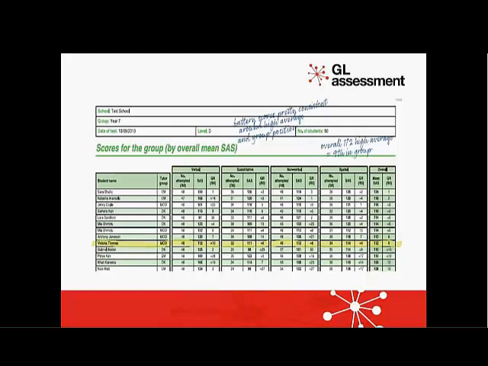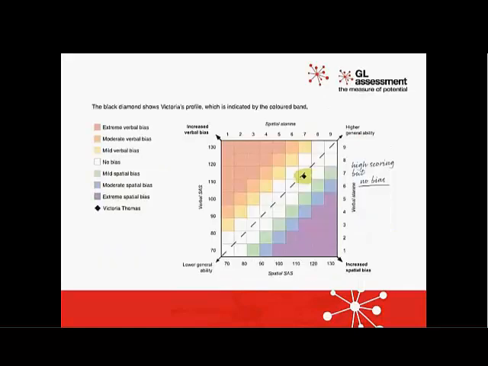I think it's quite useful to be able to see the national picture against the inside-the-school picture. That's the scatter graph we had a look at before as an example, but this is Victoria. And does it confirm what we thought? Yes. That score is in the white area, where there's little statistical difference between the verbal and the spatial.